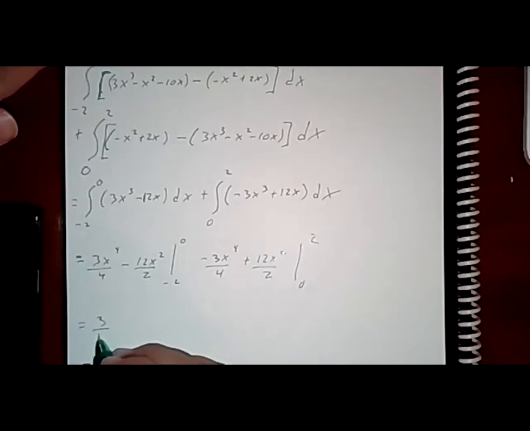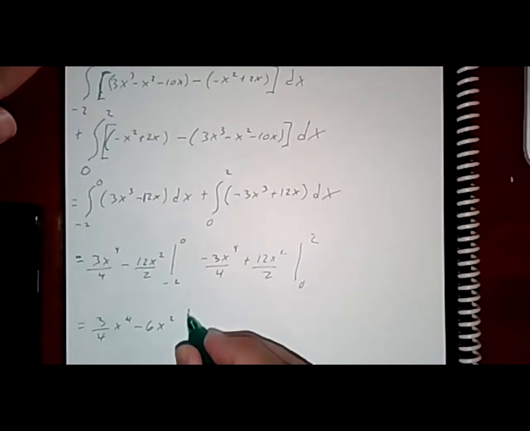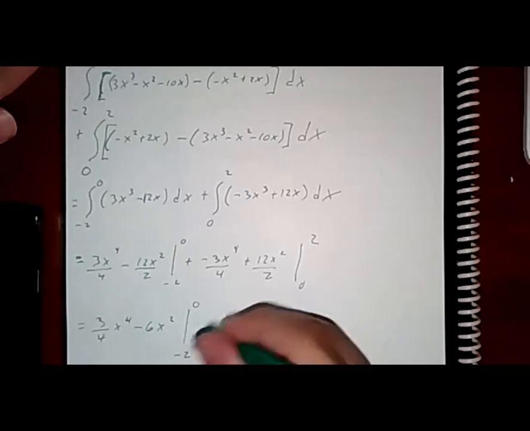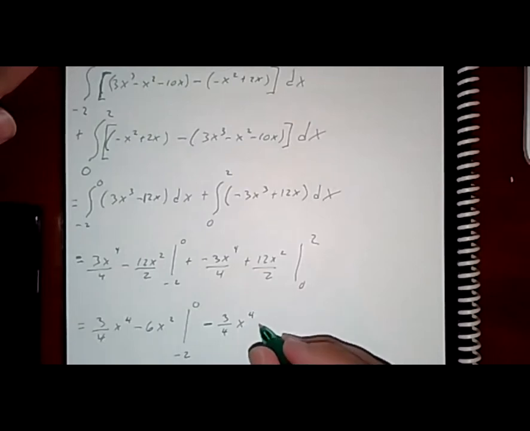Which will be 3/4 x to the 4th if you prefer, minus 6x squared from -2 to 0, minus 3/4 x to the 4th plus 6x squared from 0 to 2.